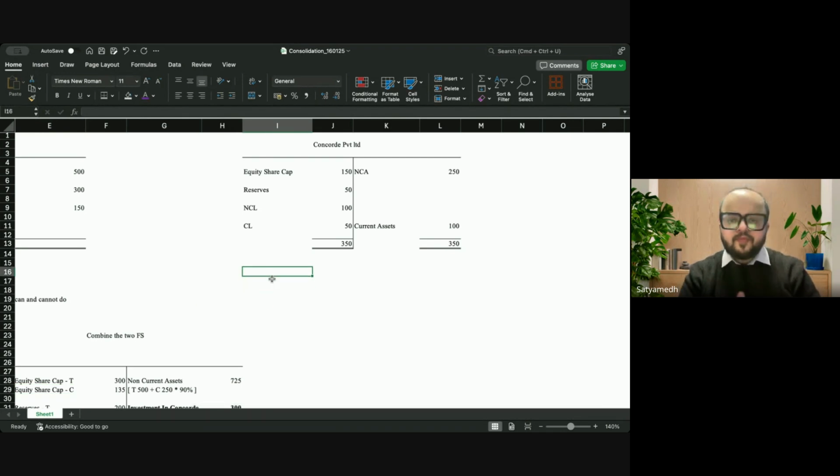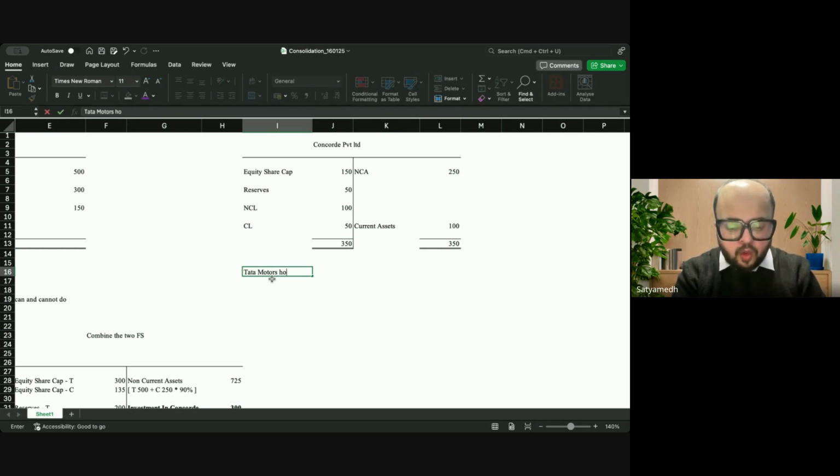When I say that I am an owner of Concord Limited to the extent of 90%, what do I own? You could say that Tata Motors holds 90% of the shares, that is, it is a 90% owner.